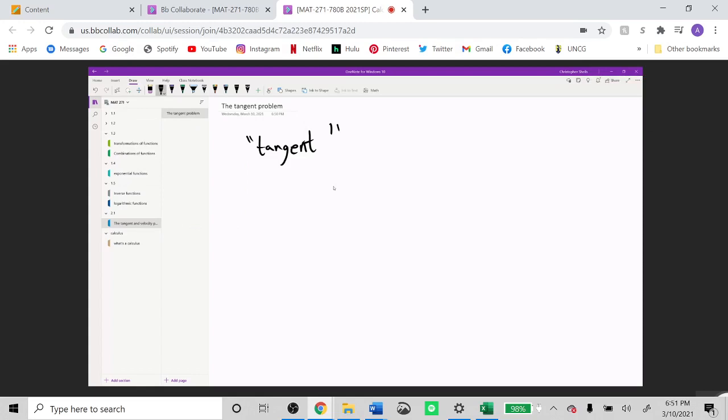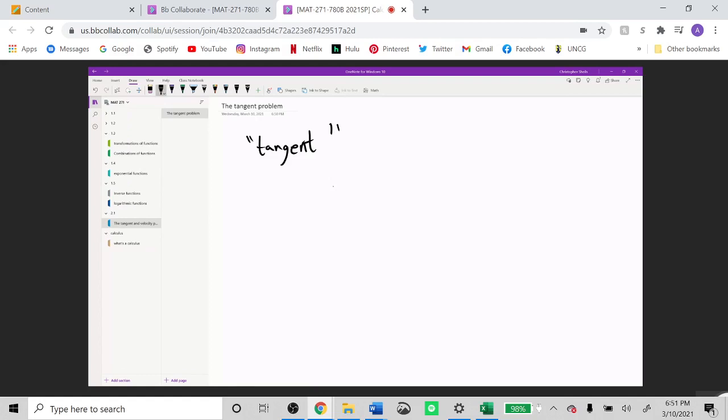Okay. Previously in math, we've discussed lines that are tangent to circles, right? That touch circles at exactly one point. And that's actually the idea that we're going to get at here. This comes from a Latin word, tangens, meaning touching. So if we think of a tangent to a curve, we're thinking of a line that touches the curve at exactly one point, right?